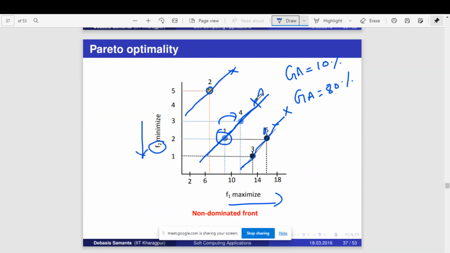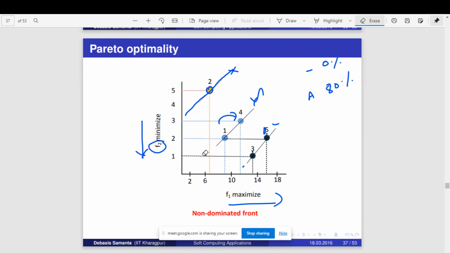One more thing. The set of solutions lying on the Pareto optimal front is called non-dominating solutions. Previously we discussed dominance, right? When you say that 5 is dominating 4, like that we said. But here you cannot say that 5 is dominating 3.